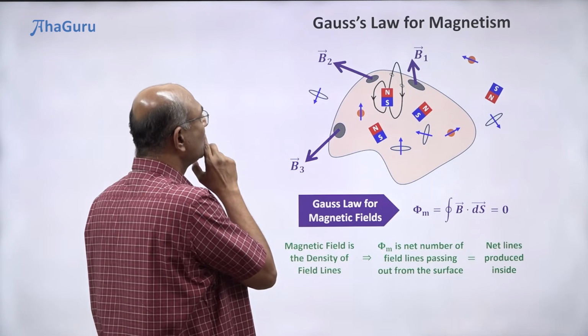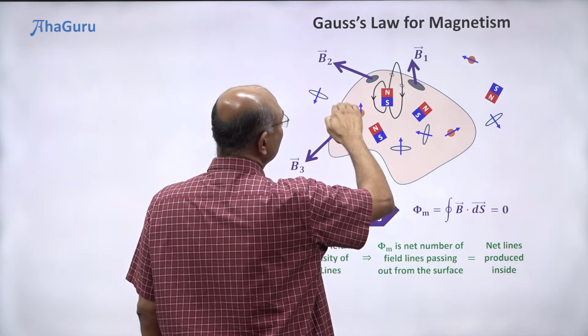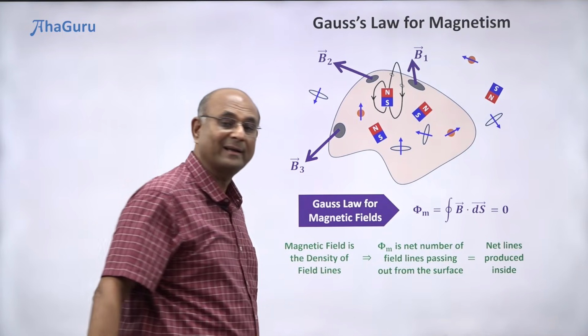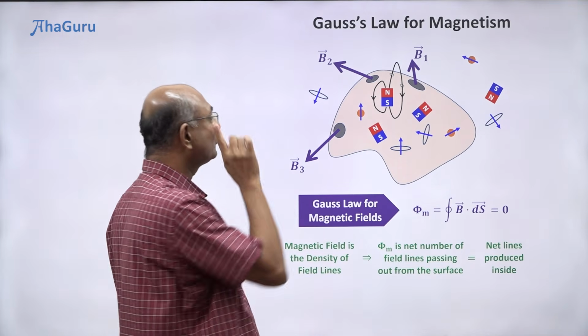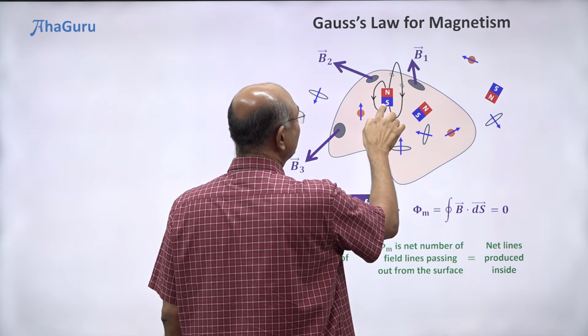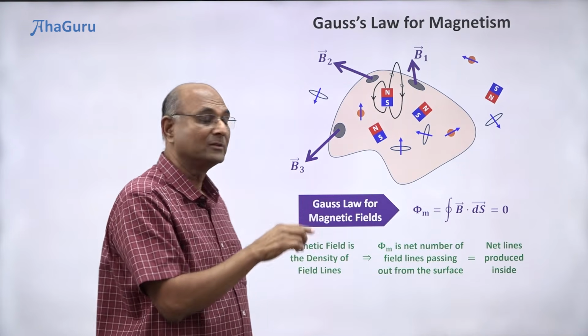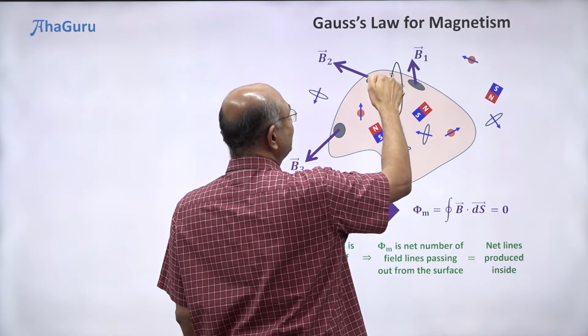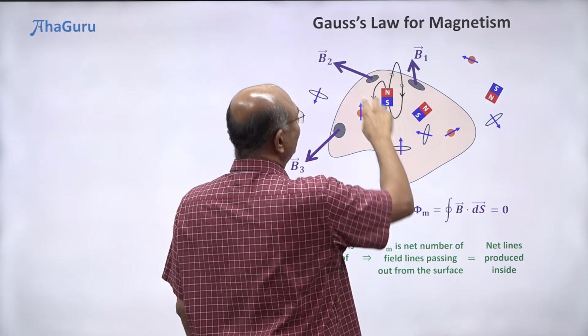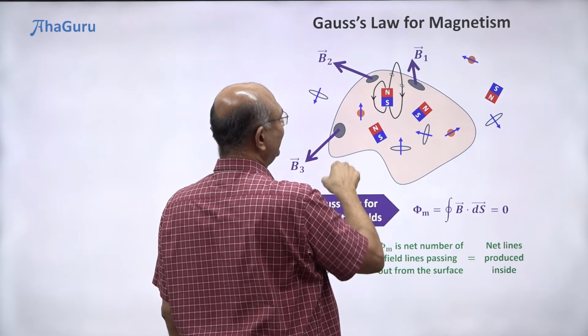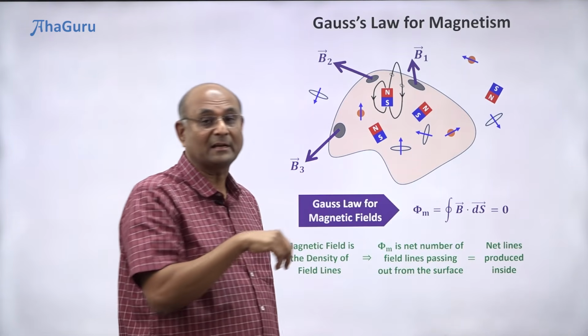But wait a minute. What if I decide that this surface actually cuts across the magnet? That's why you have to remember that lines are actually going from south to north inside the magnet. So if it cuts across, you'll have to think of it as a north-south outside the surface and a north-south inside the surface. That's all.